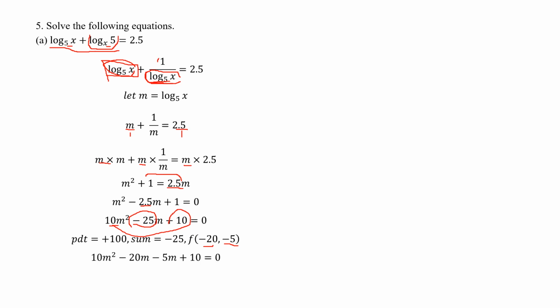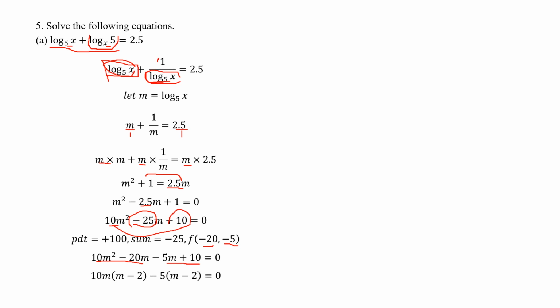So when I substitute them there, I'll be having 10m squared minus the 20m minus the 5m plus the 10 is equal to 0. Then now I factorize the first two terms here and the last two terms on the left hand side. So the first two terms, the 10m is common.